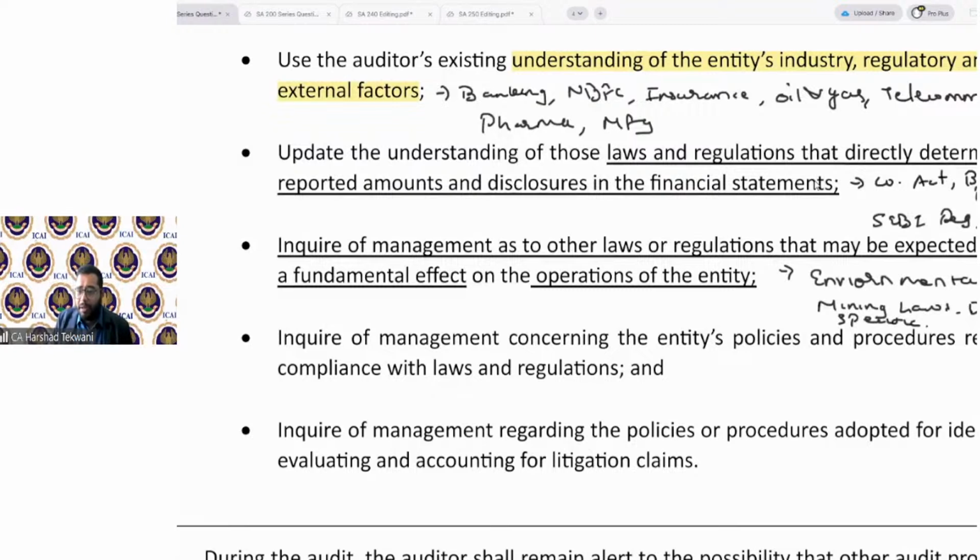Then if it is in pharma, I have specific pharma laws with respect to procuring certain items which are prohibited under certain acts. So there are sensitive items, sensitive ingredients which are prohibited. Or let's say, if I'm operating a nuclear power plant, then there are certain laws and regulations with respect to safety.